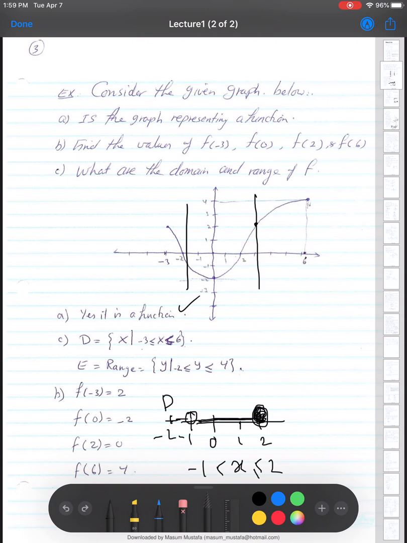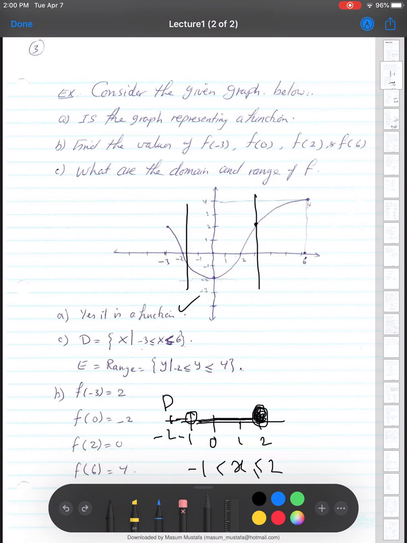For this particular function, they are included. That's why we have greater than or equal to, less than or equal to, which means negative 3 and positive 6 are within the domain of the function. If it was just x is greater than negative 3, that means anything greater than negative 3 is included in the function, but negative 3 itself is not included.